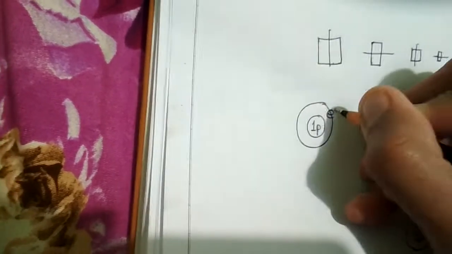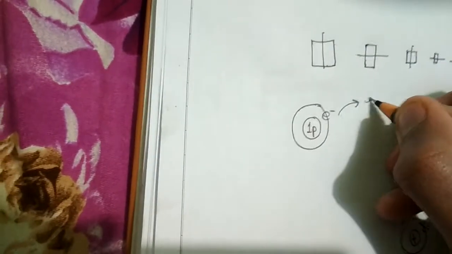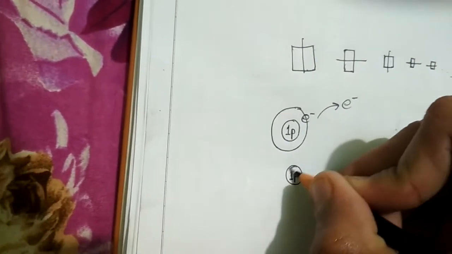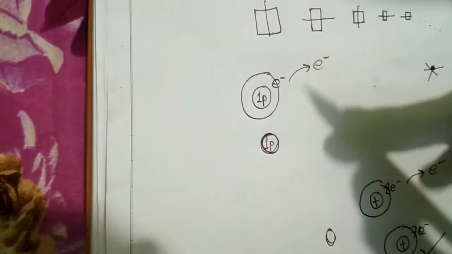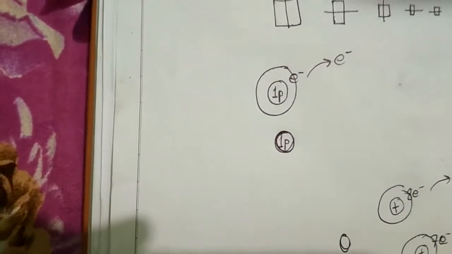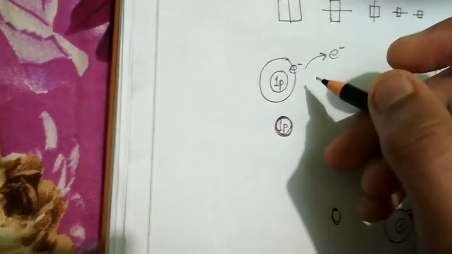On applying this high potential, this electron comes out, so you get only one proton. Now we know they are protons, but how was it noted at that time that this is the fundamental particle?